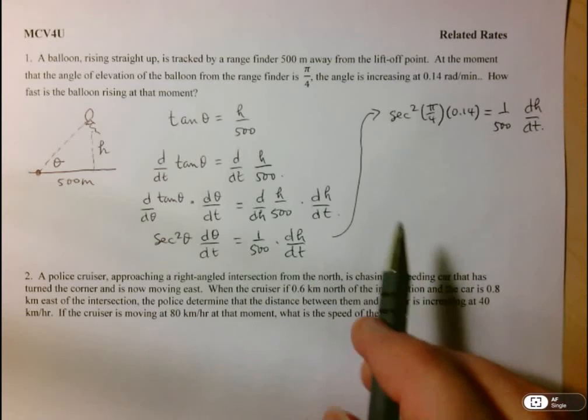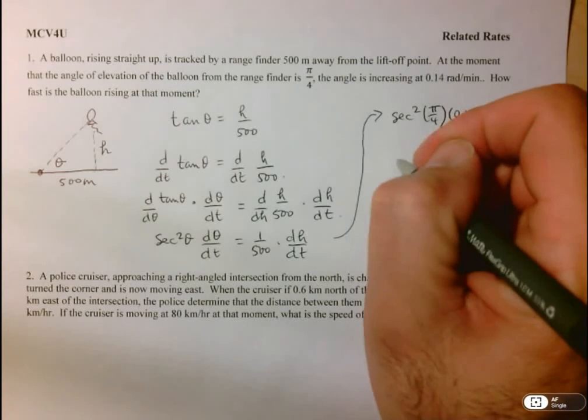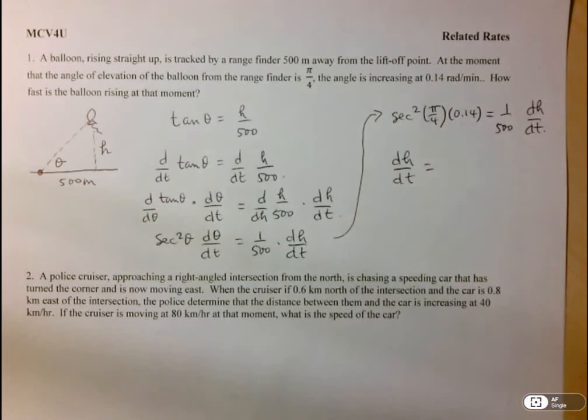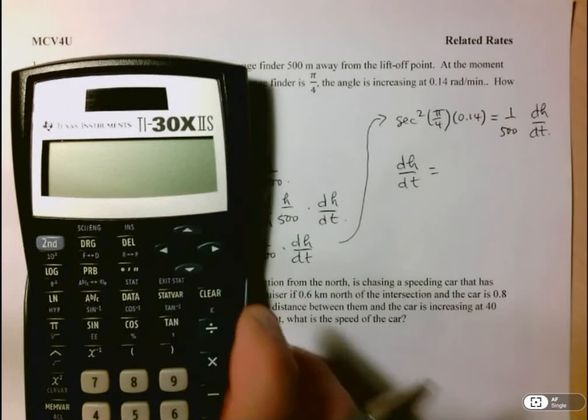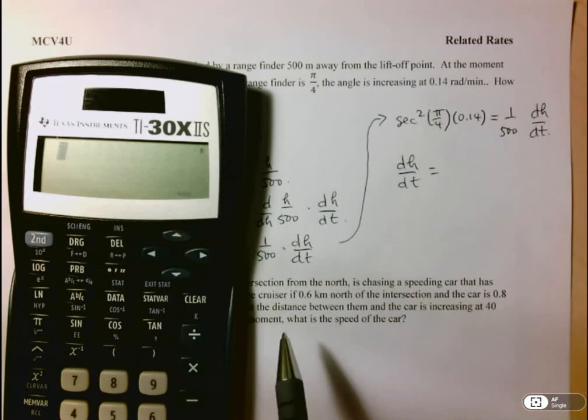So we had enough information given that we're able to solve for dh dt, which is what we're looking for. So dh dt is equal to, and let's calculate that here. Now, really, secant squared of pi over 4 I should be able to do in my head.